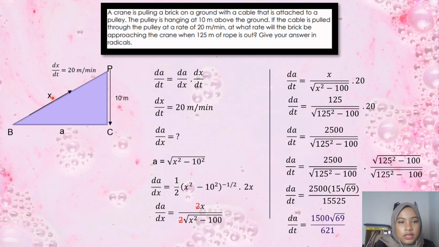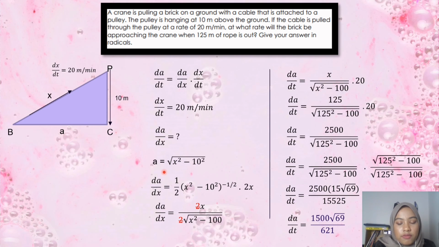We already know that dX/dt is equal to 20 meters per minute, and what we need to find is dA/dt. The dA/dt is the rate of the brick approaching the crane, and dA/dt is equal to dA/dX multiplied by dX/dt. The dX/dt we already know is 20 meters per minute, and what we need to find is dA/dX. We find dA/dX by differentiating A with respect to X.